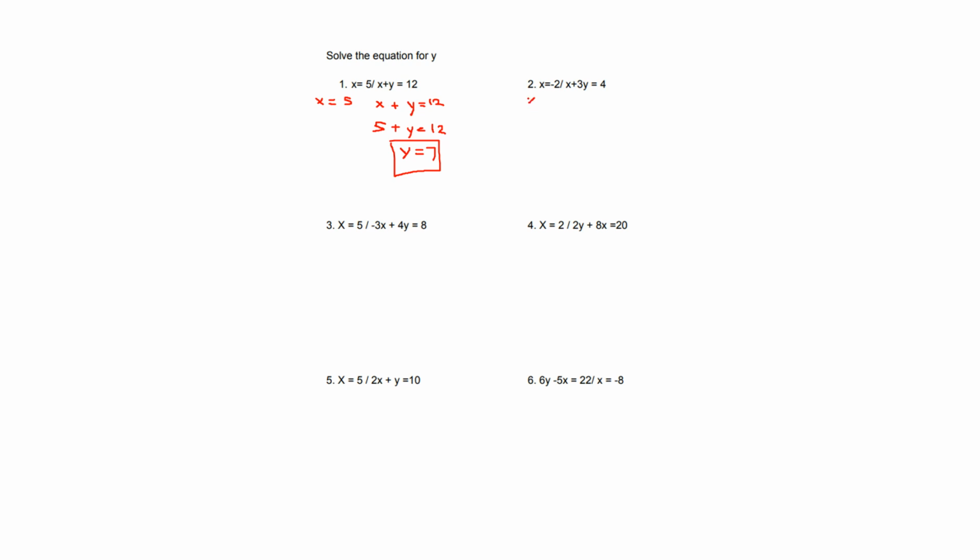For number 2, we're given x equals -2, as well as x plus 3y equals 4. So we're solving for y when x is equal to -2. If you plug in -2, we get -2 plus 3y equals 4. 3y equals 6, and y equals 2.